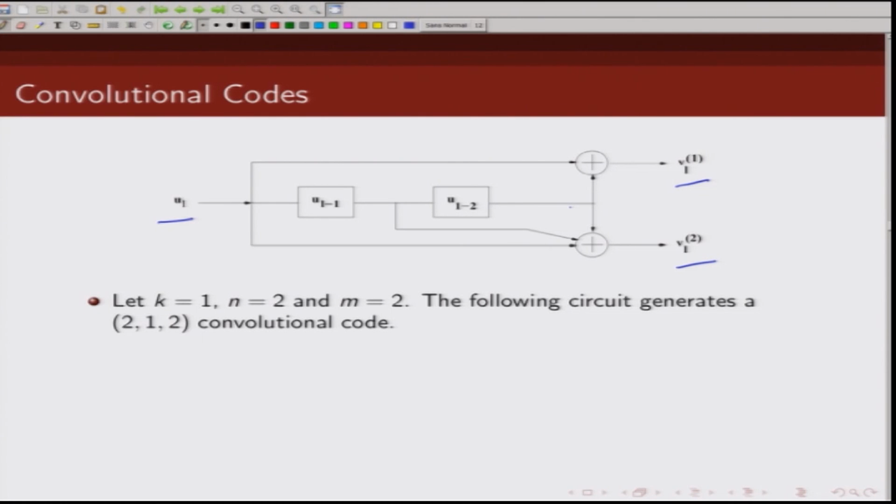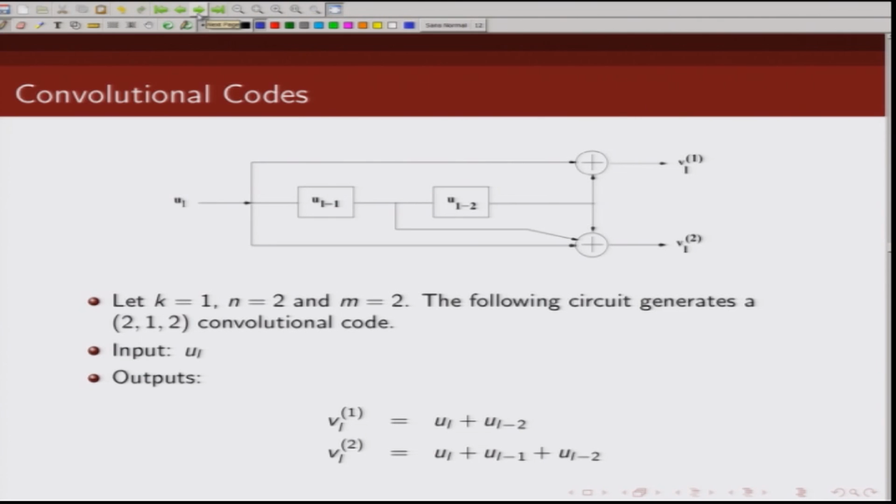So, this is an example of memory order 2. The current output not only depends on the current input, but also on the past two values of the input. So, this is an example of a (2, 1, 2) convolutional code. n is 2, there are two outputs, k is 1, one input, and memory order is 2, because the output depends on the past two values of the information sequence.